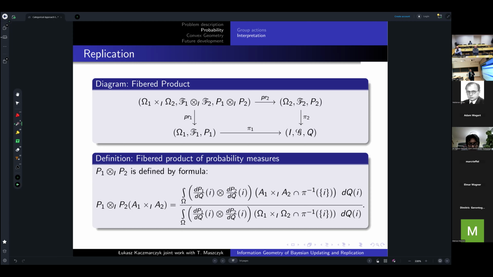But I want to warn you that if you look at the fiber product in probability spaces, then the demand on all these four morphisms would be that the direct image of this measure is this measure, of this measure is this measure, and similarly here. And if this kind of demand on morphisms is posed, then this doesn't give us the construction that we are looking for.